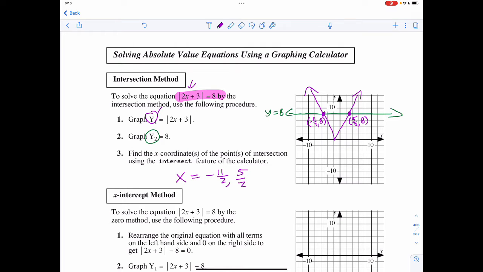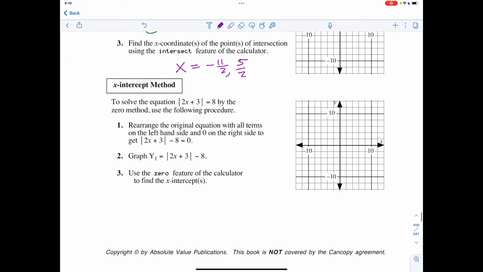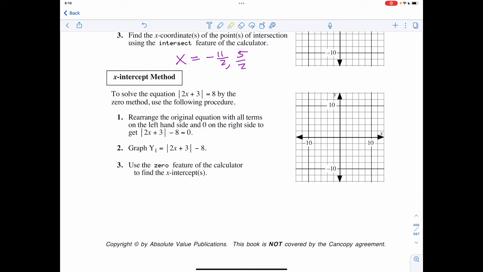Or we can do it using the x-intercept method, where, like with our quadratics, we can move everything to one side of the equation and then just solve for those x-intercepts. Meaning that if we do the x-intercept method, we're going to move that 8 over and write it all as the absolute value of 2x plus 3 minus 8 equals 0.